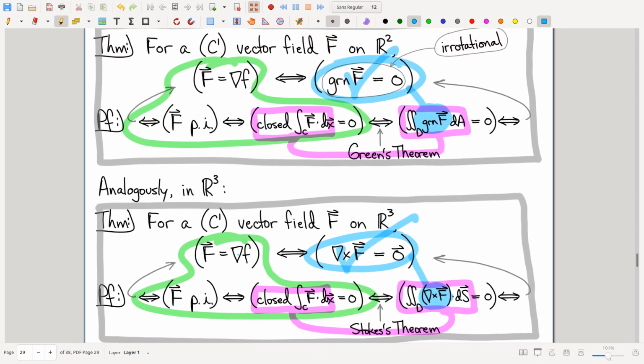So the argument that justifies why Green's operator tells us about path independence in 2 dimensions is morally identical to why curl tells us about path independence in 3 dimensions. Yes? And does this also show that F is conservative? Yeah, that's right. Conservative is what it means to be a gradient. So yeah, 4th phrasing of the same thing.